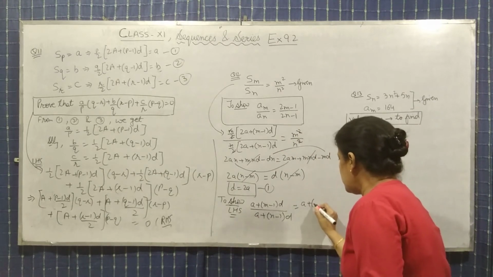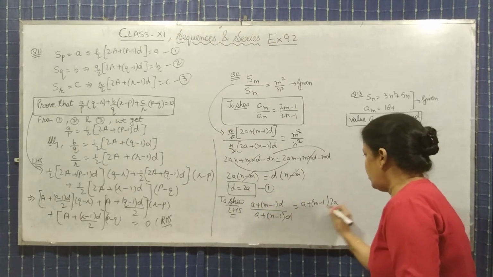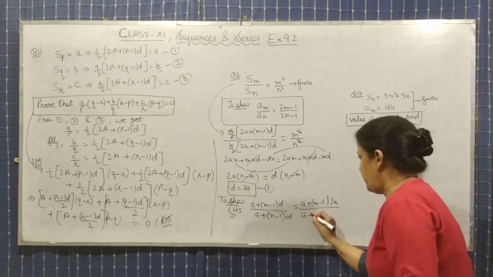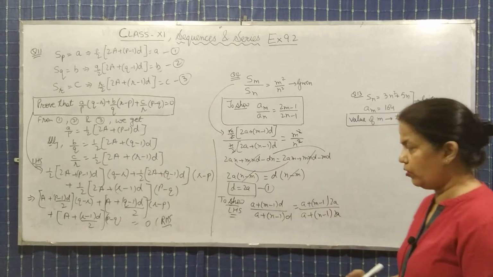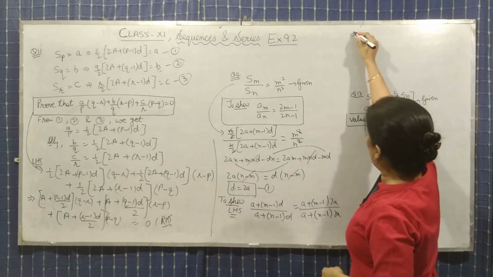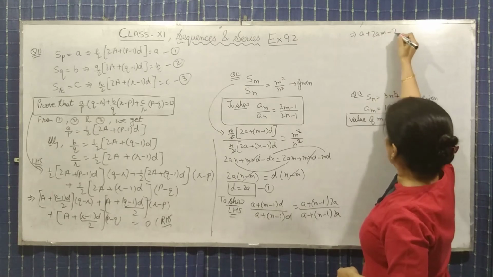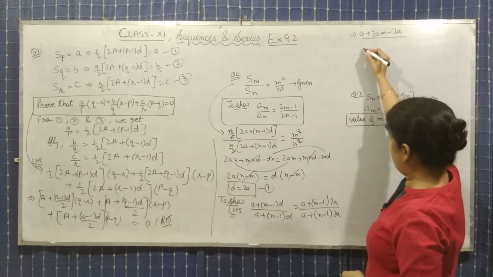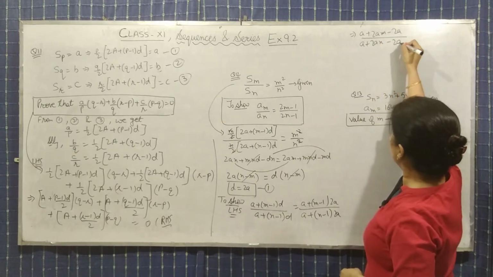a plus (m minus 1) instead of d, 2a, upon a plus (n minus 1), 2a. Now solve it further. It will come as a plus 2am minus 2a, and a plus 2an minus 2a.